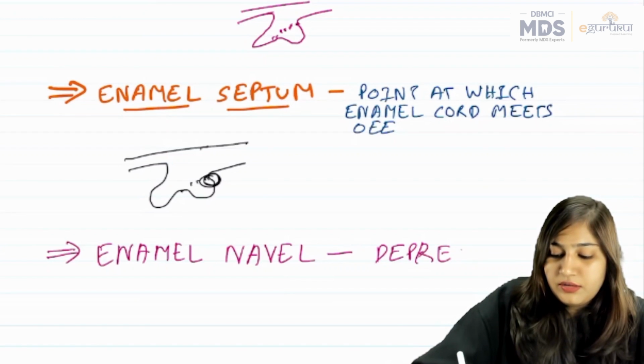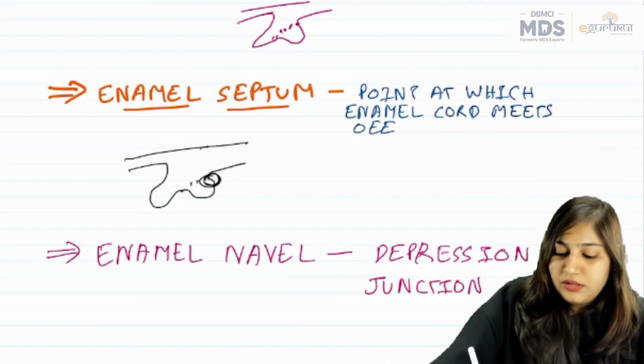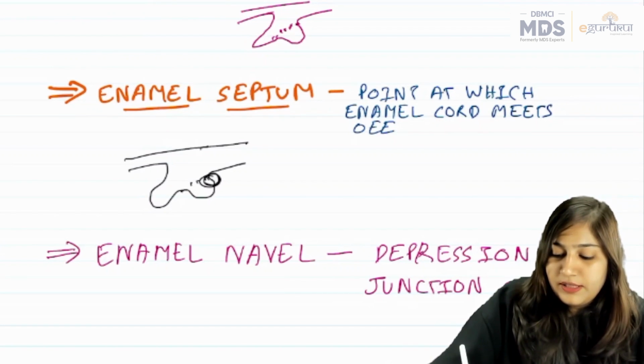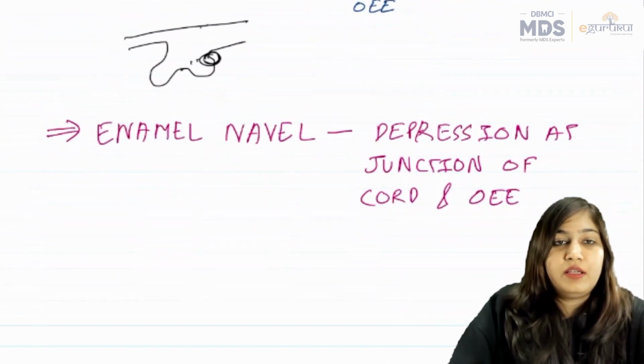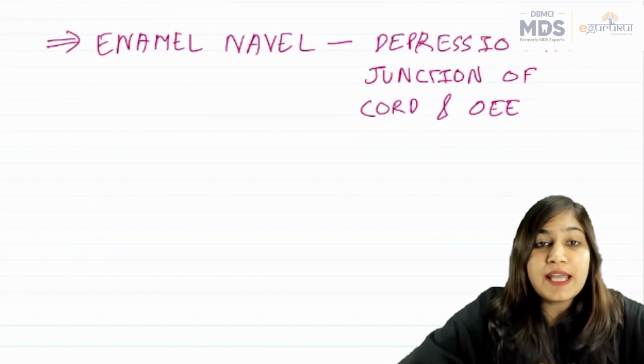Depression at the junction of cord and outer enamel epithelium. So this is enamel navel. Now we also have enamel niche.